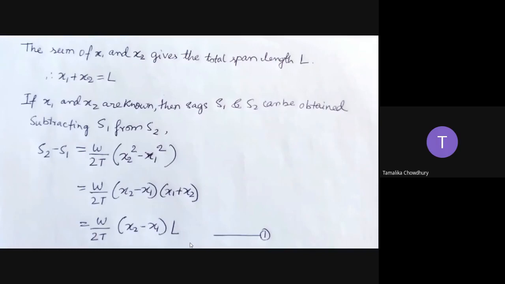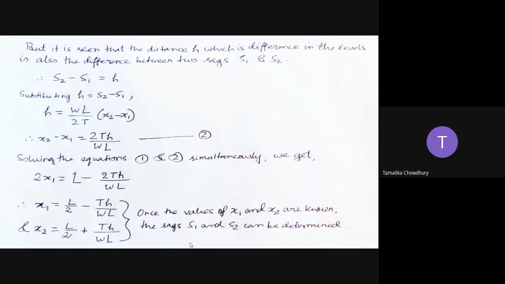You see, W by 2T into L into x2 minus x1 was there in the first equation. So x2 minus x1 becomes equal to 2TH by W L, just exchanging the right hand side with the left hand side.